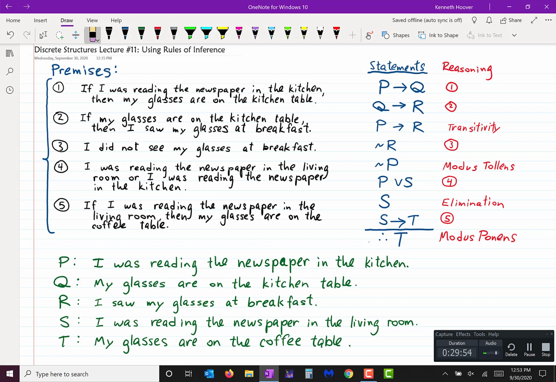And I want to repeat this, okay? Most of you, I'm confident, read those 5 sentences in black and figured out where the glasses were based upon those 5 sentences. Because it wasn't a hard task, was it, to figure out that your glasses are on the coffee table? And if I asked you to explain how you know they're on the coffee table, you could probably have explained it pretty easily, okay? Because that's the intuitive level of logic that we just pick up over our lifetimes.